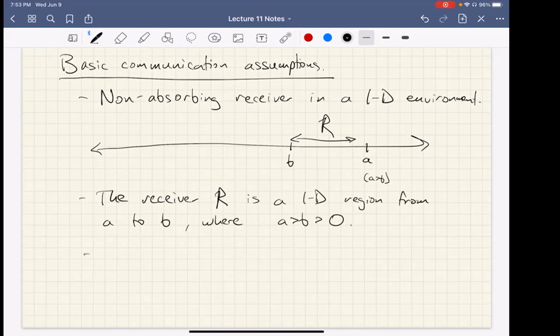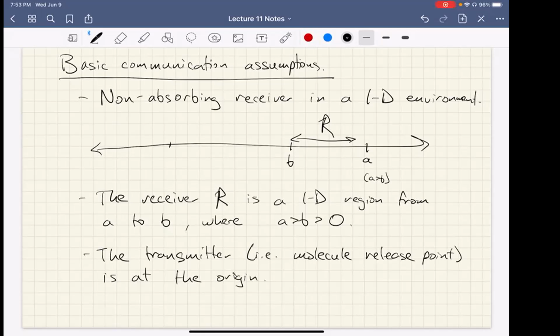Moreover, the transmitter, i.e. the molecule release point, is at the origin.